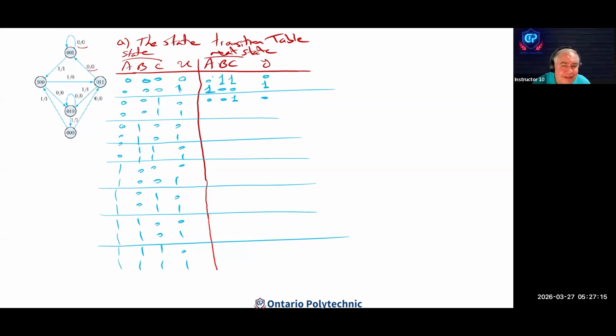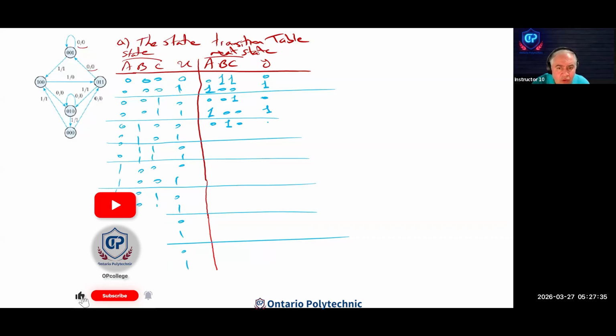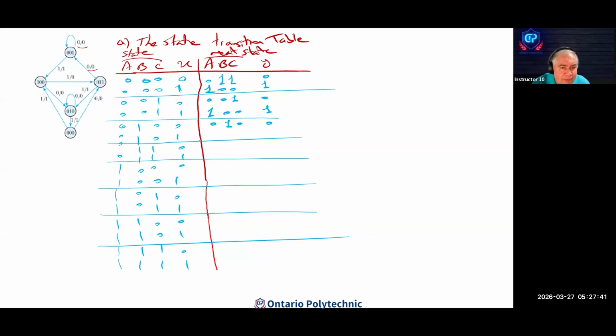This is itself. 0, 0, 1 and input 1 is going to 1, 0, 0 and output is 1. 0, 1, 0 and input 0, what is the next state? 1, 0, 1, and output is 0. 0, 1, 0 and input 1 goes to 0, 0, 0 and output is 1. Am I right or not?